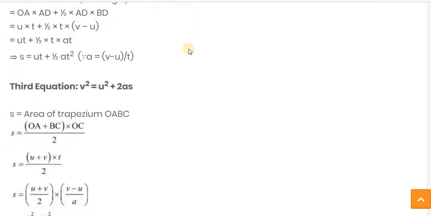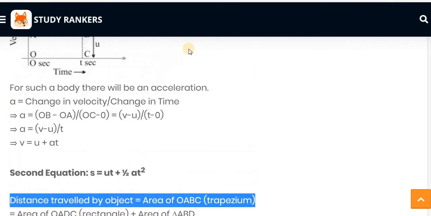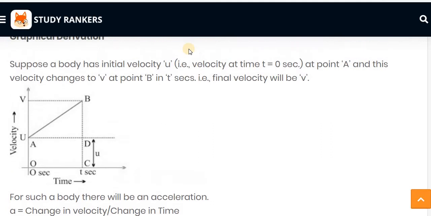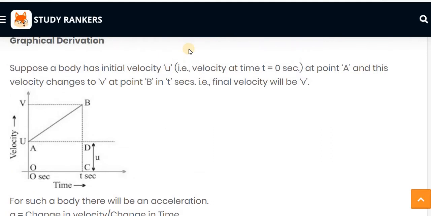For that we have to draw the same graph which we drew for the first equation. So for the distance we have to find the area of AOCB, which is the trapezium.